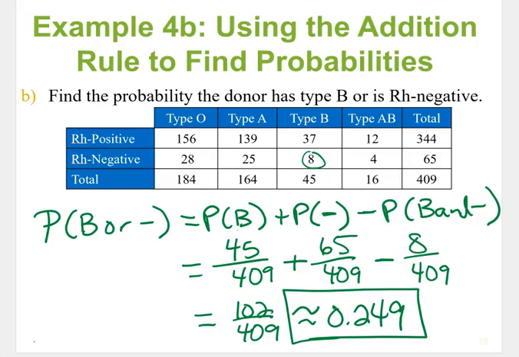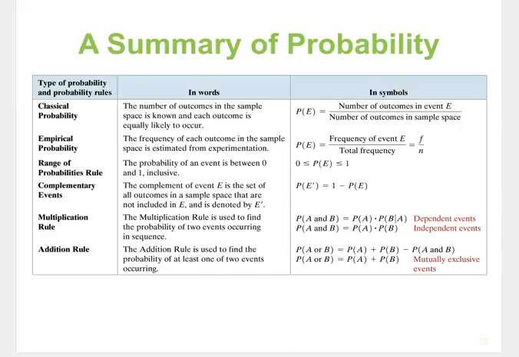All right, so far in our probabilities, this is everything we have talked about. We have the 3 types of probabilities: our classical, our empirical, and then our educated guess. A lot of people don't put that on the summary, but I still think it's important that you should have some educated guesses in there. Remember, your probabilities are always between 0 and 1, 0 being impossible events, 1 being certain events.